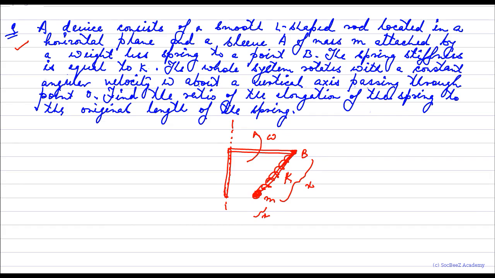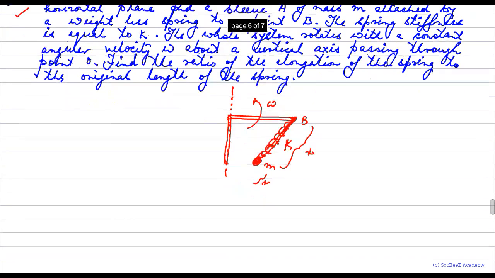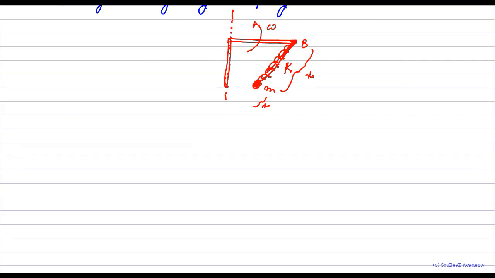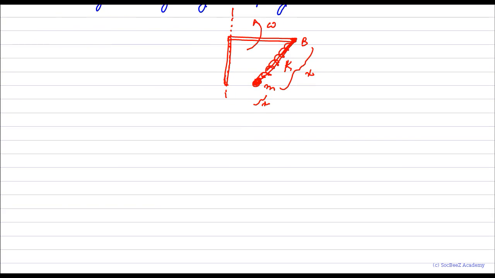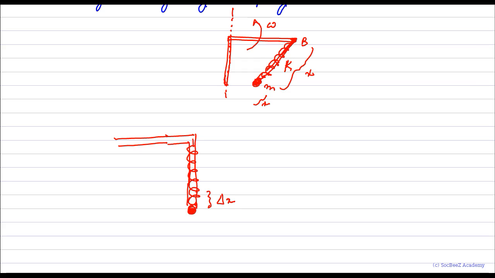Now if I look at the top view of this rod, it is going to be something like this. This is going to be my rod, and this is going to be a mass. The spring would have extended by some length, let's say delta x, and initially it had length x.